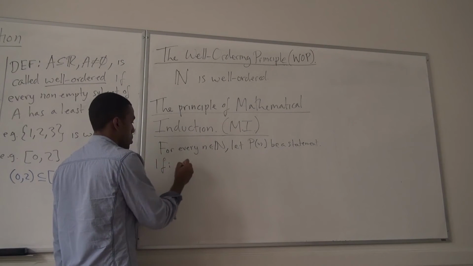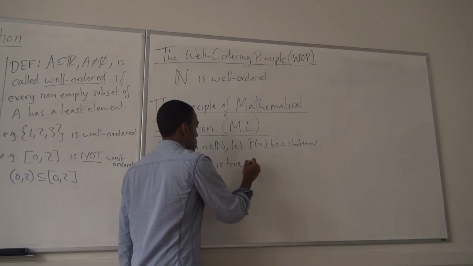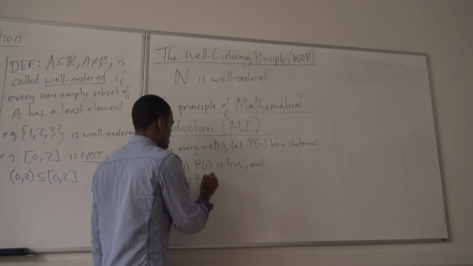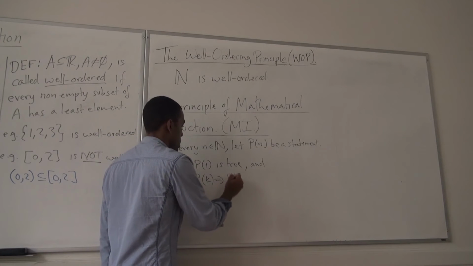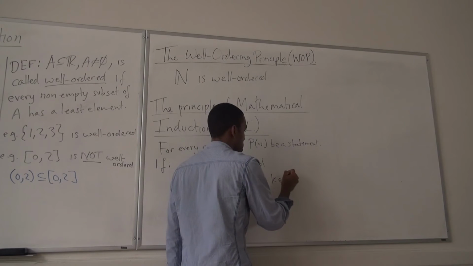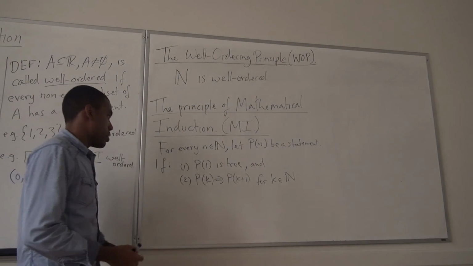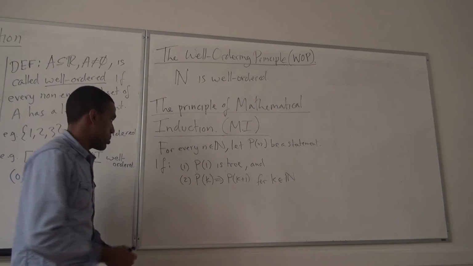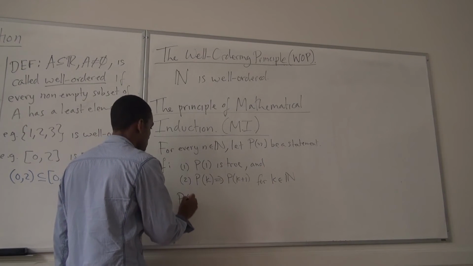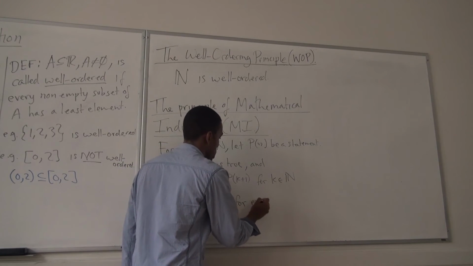If one, P(1) is true, and two, P(k) implies P(k+1) for k in N, meaning if we know that P(k) is true, then P(k+1) is true, then we know that P(n) is true for every n.